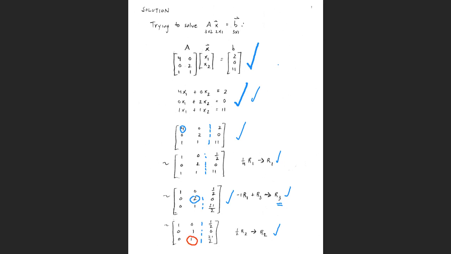So I'm going to use the second row, multiply it by -1, and add it to the third row. Please let me know if I'm going too fast or if you have any questions. When we do that, we end up getting this augmented matrix.